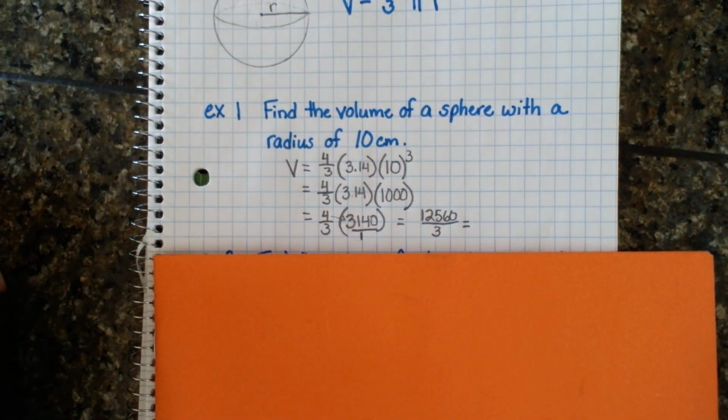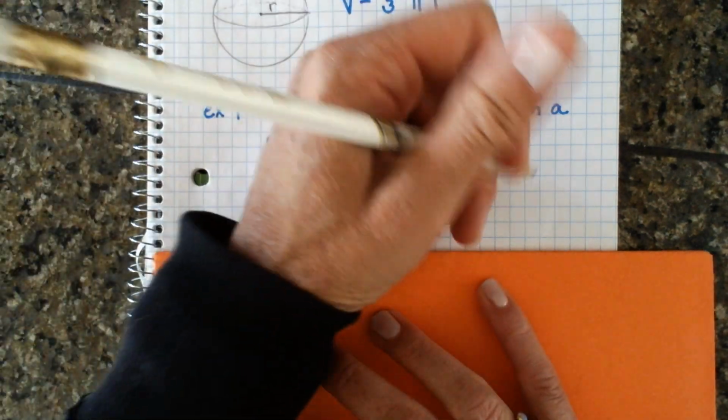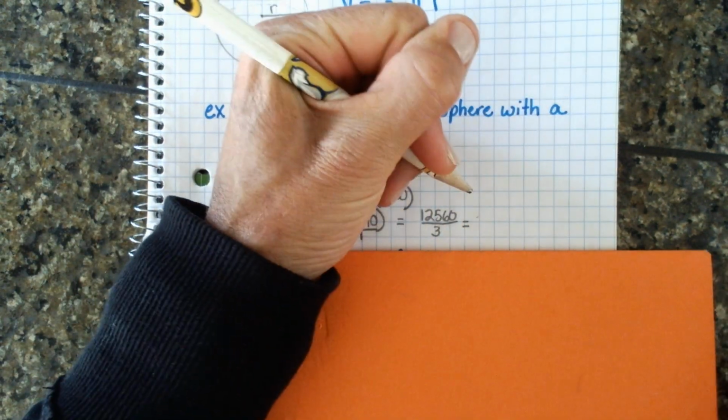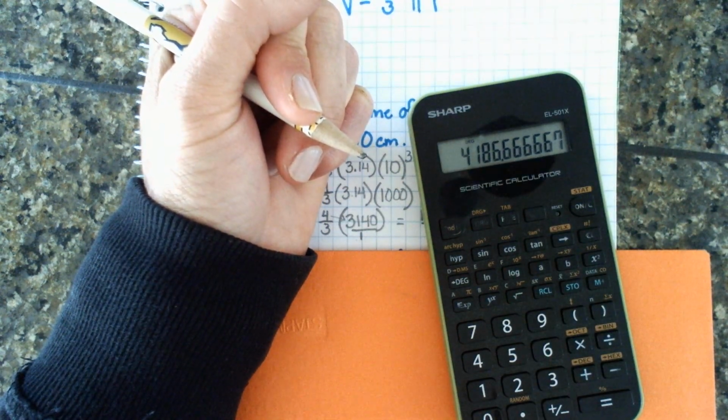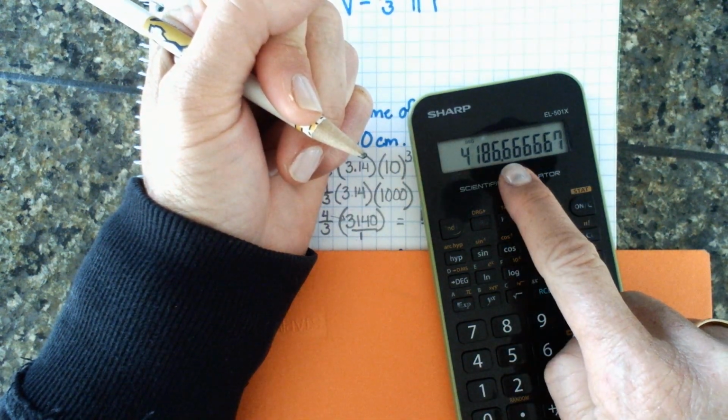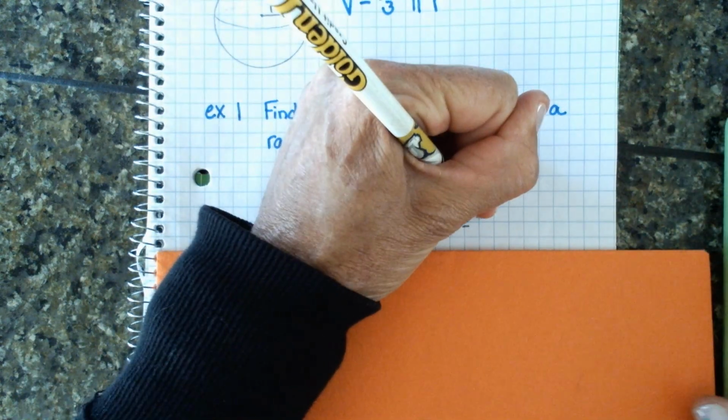Now we'll simplify that by dividing, and I get, you can see it's a repeating decimal answer, so I'm going to be rounding that to the nearest tenths place.